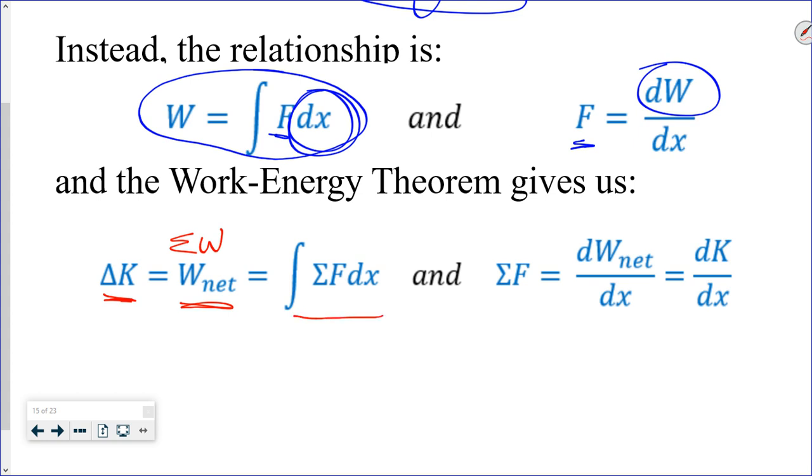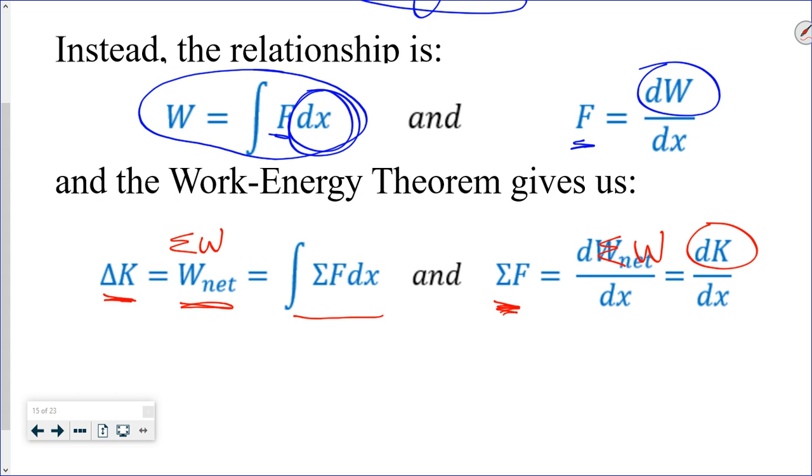And again, conversely, you can calculate your net force by taking the derivative of the net work. And notice, because work is a change, you can just replace the net work with the change in kinetic energy, so you can differentiate your kinetic energy with respect to position, and that'll give you your net force.